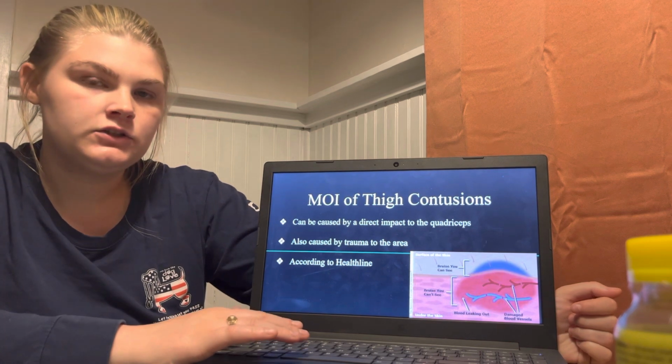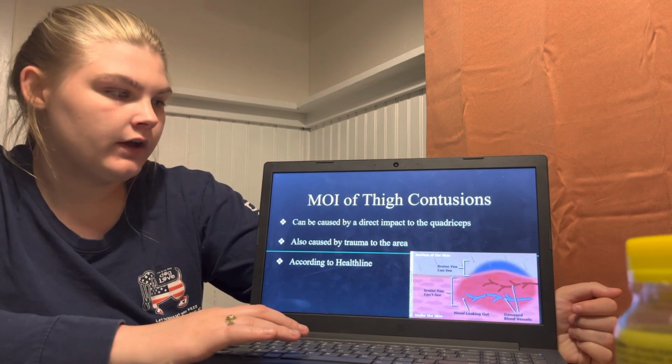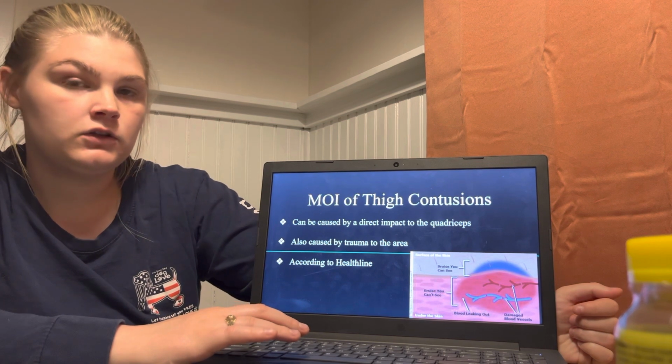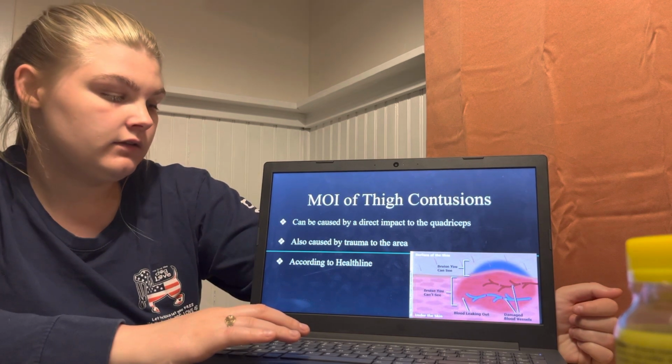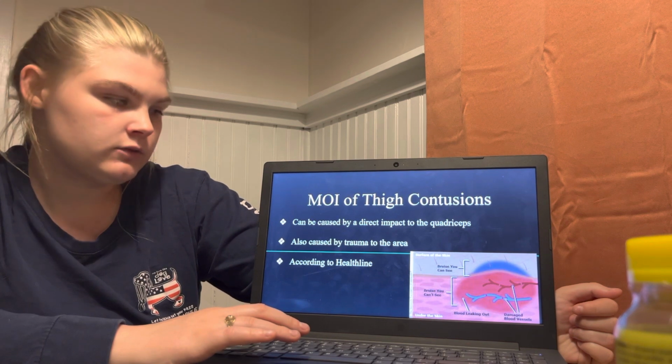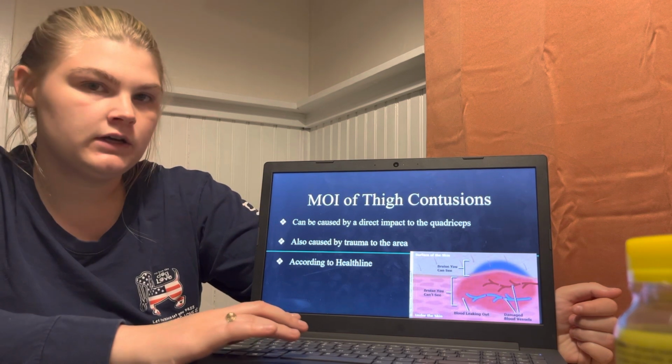So I listed two mechanisms of injury for a thigh contusion. The first one is caused by a direct impact to the quadriceps, and the next one is caused by trauma to the quadriceps as well. This is according to Healthline.